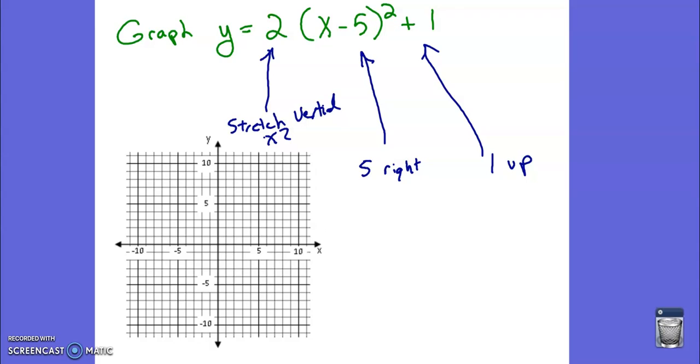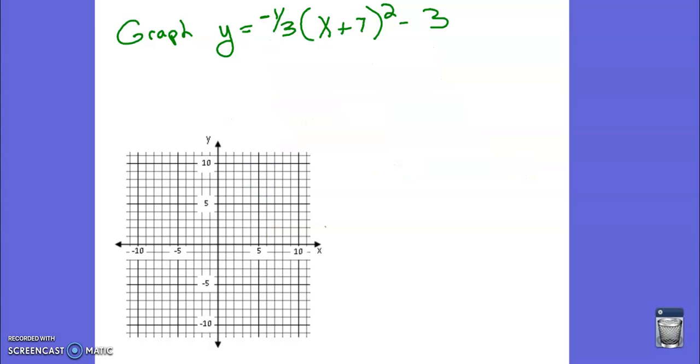So in other words, it's going to be thinner. So if I take a parabola and shift it 5 spaces to the right, 1 space up, that's my vertex, and then it's going to be a thinner parabola. Now again, you can plug in points to actually graph it, but in general, that's what the parabola is going to look like.